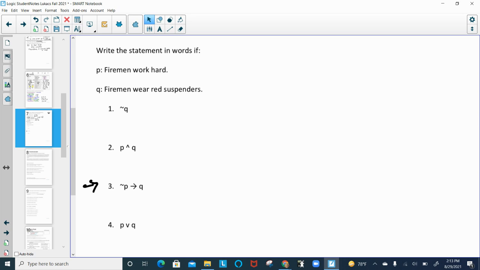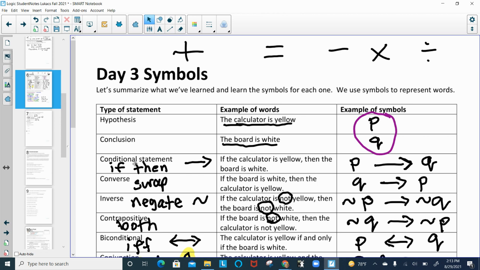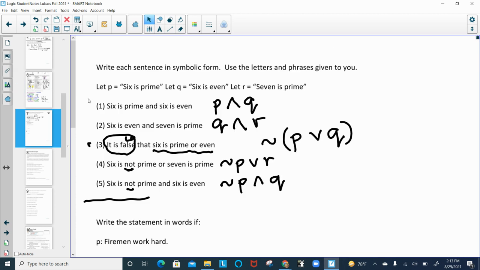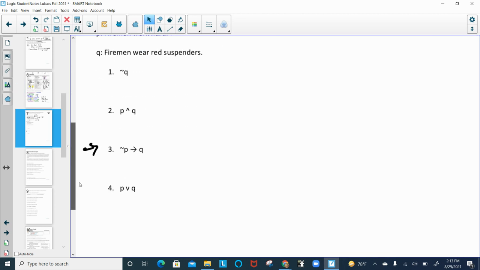So if we look at 3, we have squiggly P, a right arrow, and a Q. If you remember, that right arrow represents an if-then statement. And we really haven't practiced that much. So that's the other reason I wanted to do 3. So we're going to have an "if" and a "then." That's the arrow.